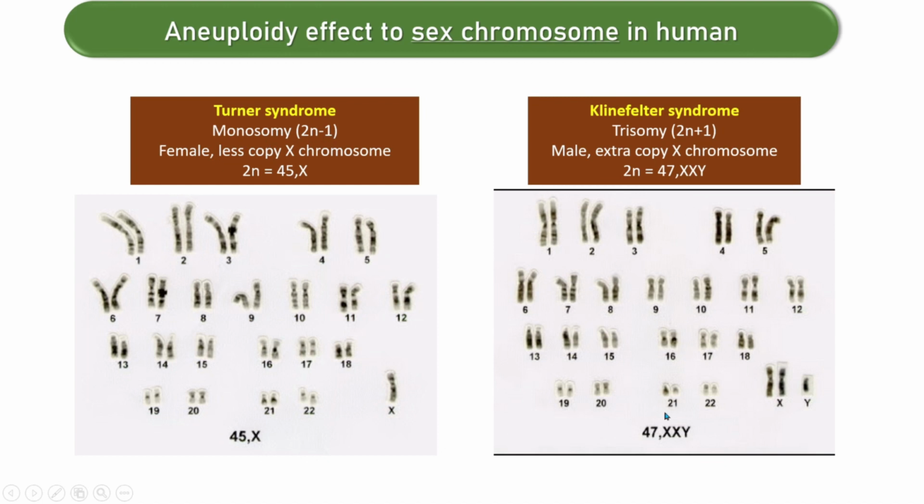This is a karyotype for Klinefelter syndrome individual, where the chromosomal number is 47. The sex chromosome has 3 copies with 2 copies of X chromosomes. So, Klinefelter syndrome is a trisomy, 2n plus 1.